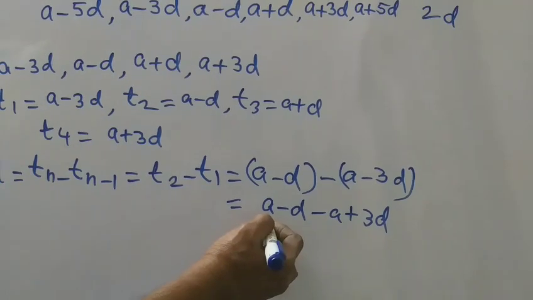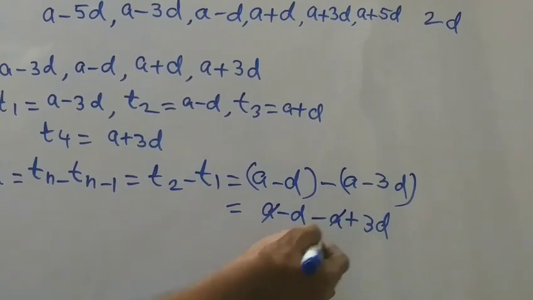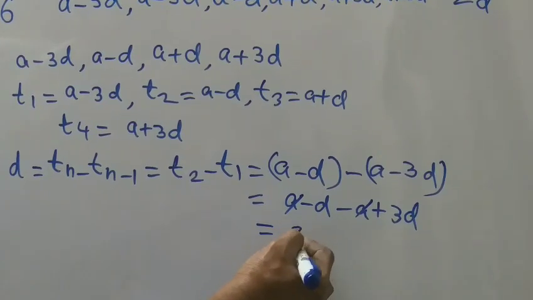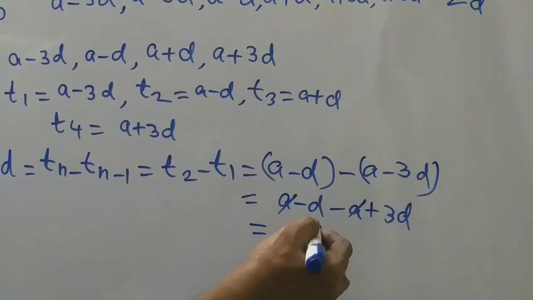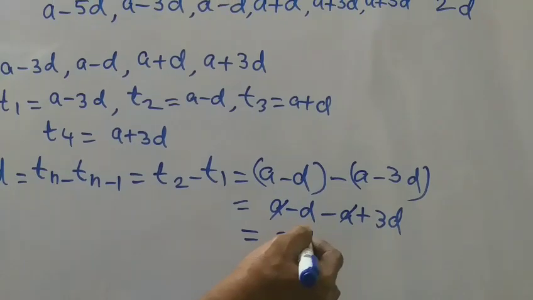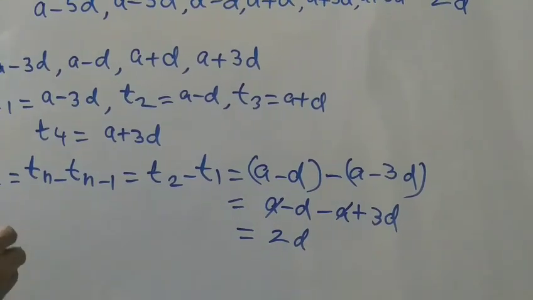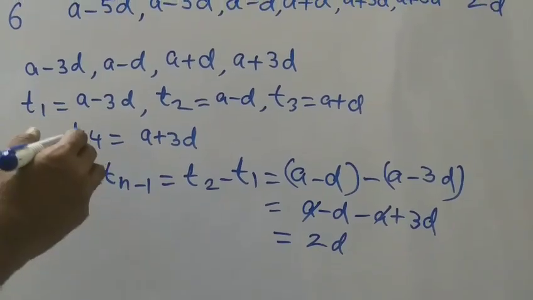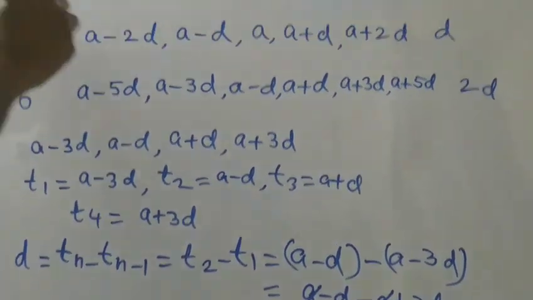So the like terms plus a and minus a are both cancelled. Minus d plus 3d becomes 2d. So 3d minus d is equal to 2d. Therefore the common difference of any two terms for 4 terms is 2d.